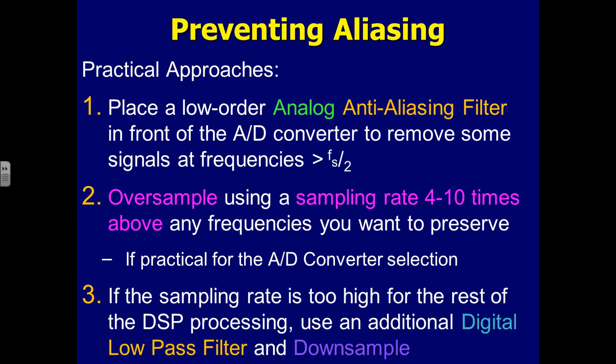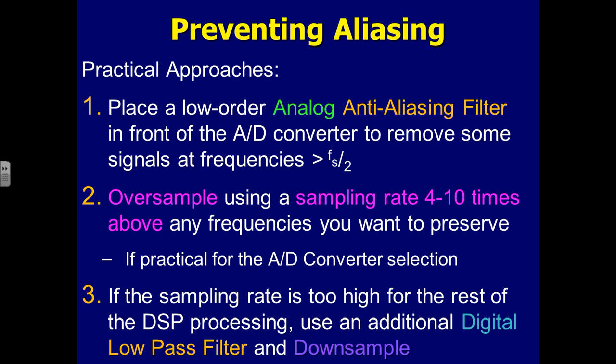Now, if that sampling rate is too high, then for the rest of the system to sustain it, we would need processors that could process those samples fast enough, and things like that downstream might get more expensive. So what's sometimes done is a kind of interesting combination of filters where we'll use an inexpensive low-order analog anti-aliasing filter.